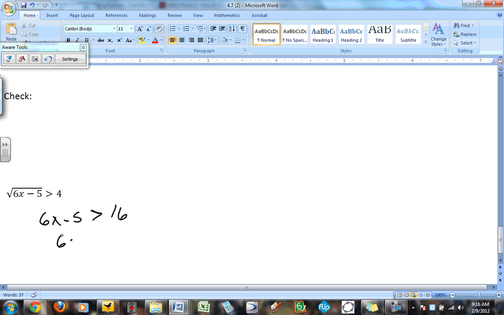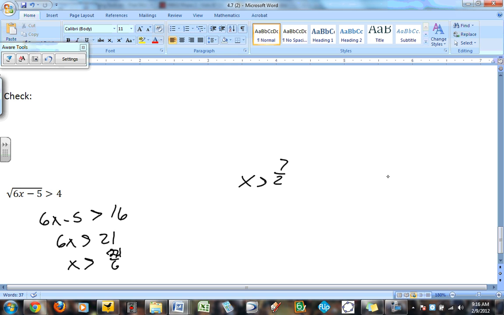Add 5, 6x is greater than 21. Divide by 6, x is greater than 21/6. Or if we reduce that, we take a 3 out of them, we'd get x has to be greater than 7/2. And again, we also have the stipulation that this cannot be negative.